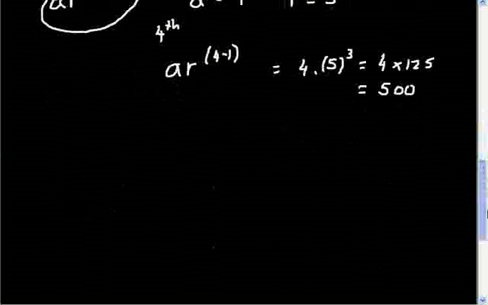Okay, now we'll look at something else. Just as with the arithmetic sequence, you would try to find the sum of terms up to a certain term of an arithmetic sequence. So you would say 2, 5, 8, 11, and this sequence will go on.